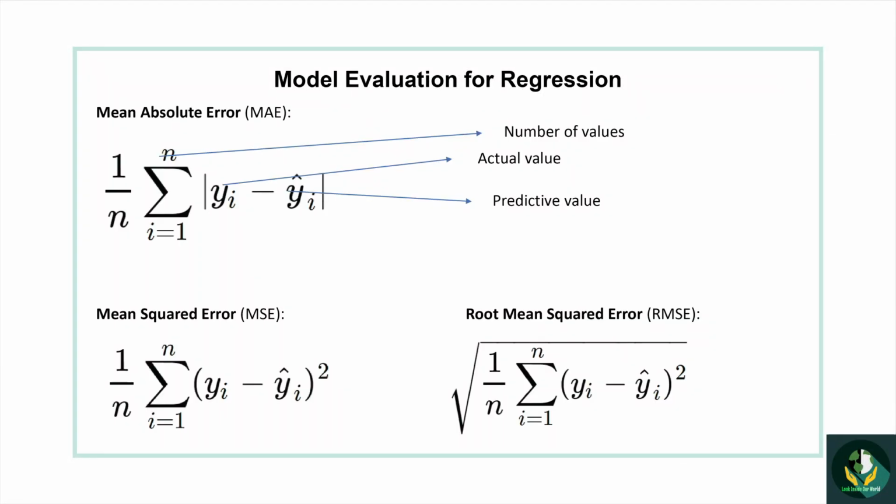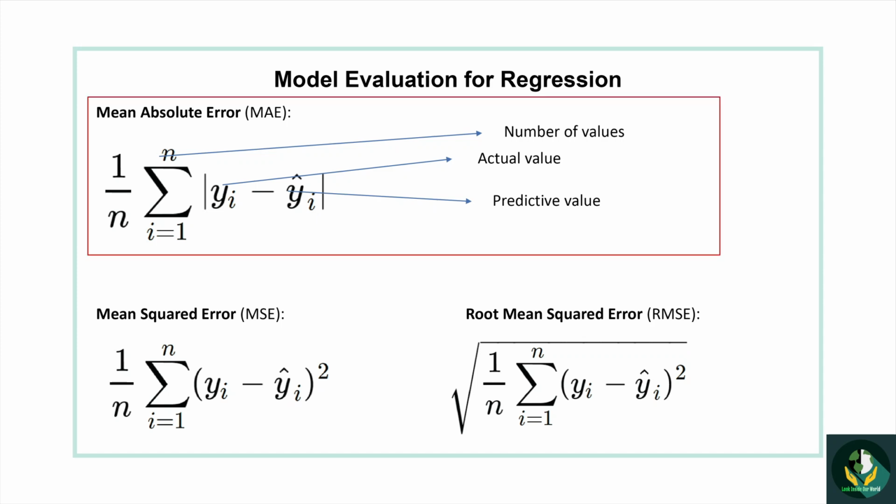On the screen, you can see three scales to measure the performance of a model. The first one is mean absolute error, MAE. It is the mean of the absolute value of the errors. N is the number of values. Yi is an actual value. And yi hat is a predicted value.